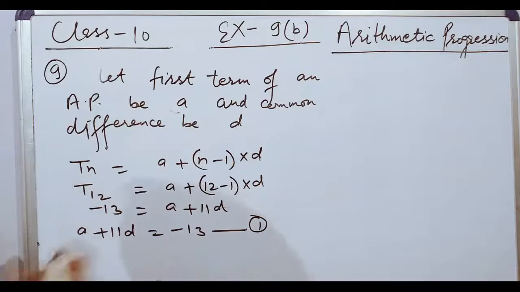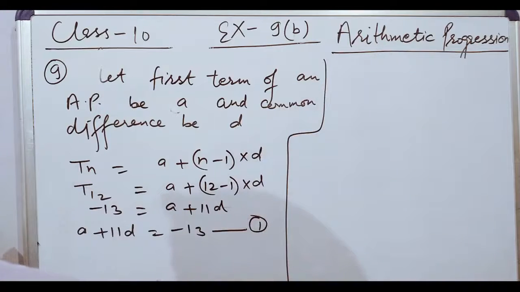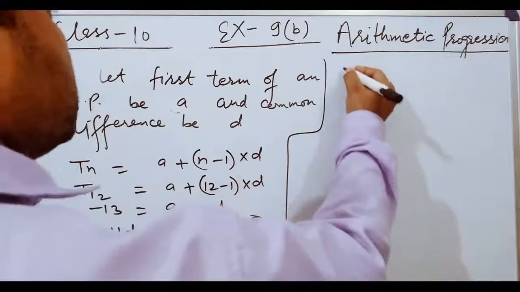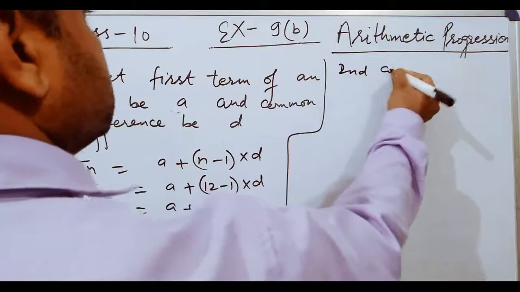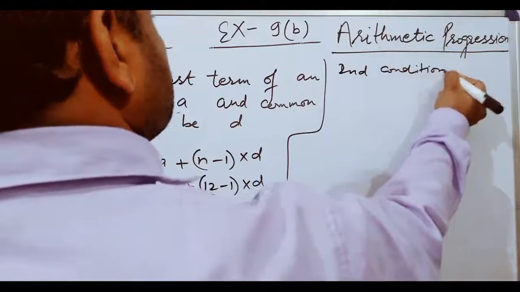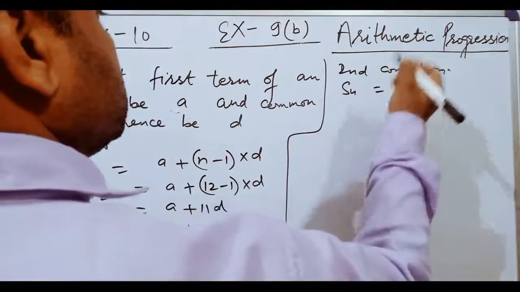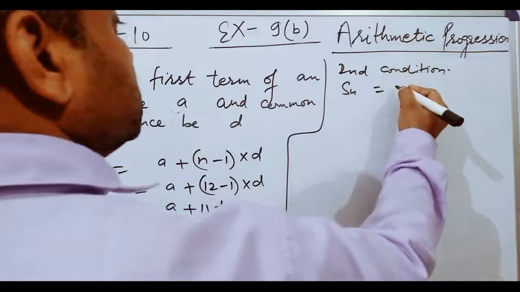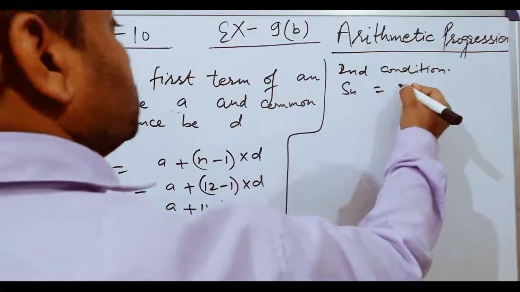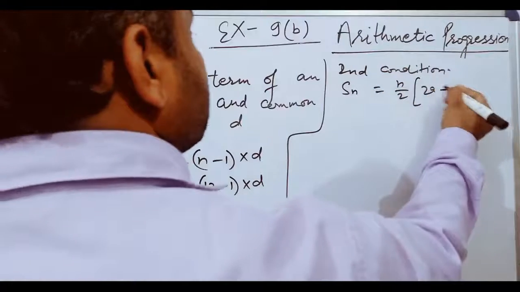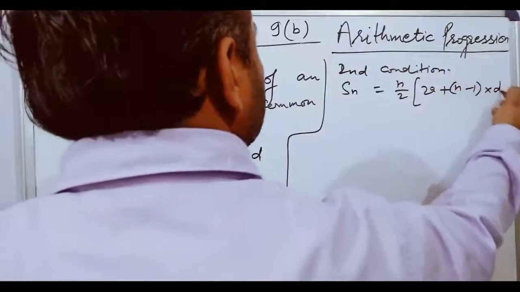Then what is the second condition? The sum of its first four terms is 24. First we'll write the formula: Sn equals n by 2 into 2a plus (n minus 1) into d.